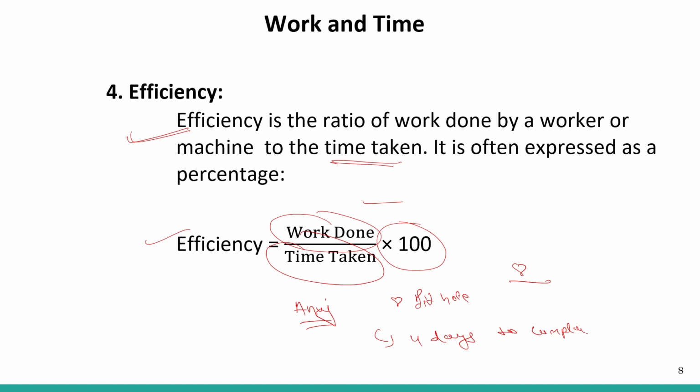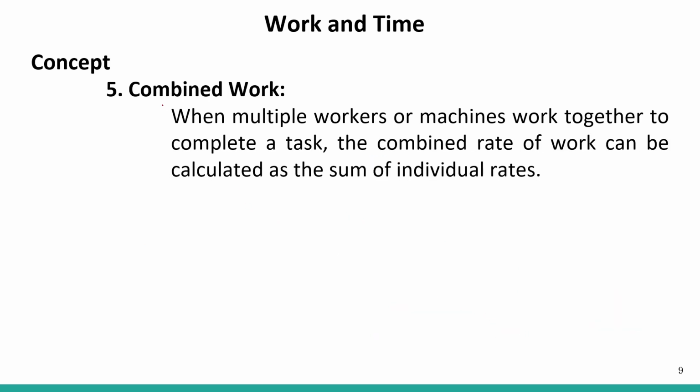Let's say it is a 2 feet hole. So 2 by 4 into 100. This is nothing but 1 by 2 into 100, which is equal to 50. So efficiency becomes 50%.